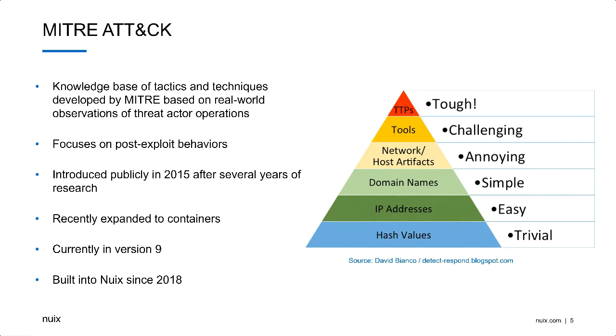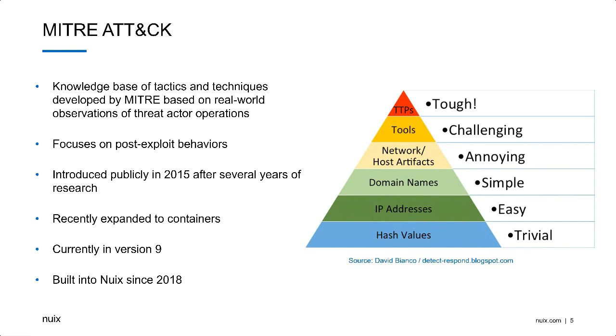Things like hash values or IP addresses, or domain names, as part of attacking infrastructure or C2 infrastructure. As you move up the pyramid into things like host artifacts, file names, file paths, or network artifacts like URLs or URIs, it gets a bit more difficult for attackers.